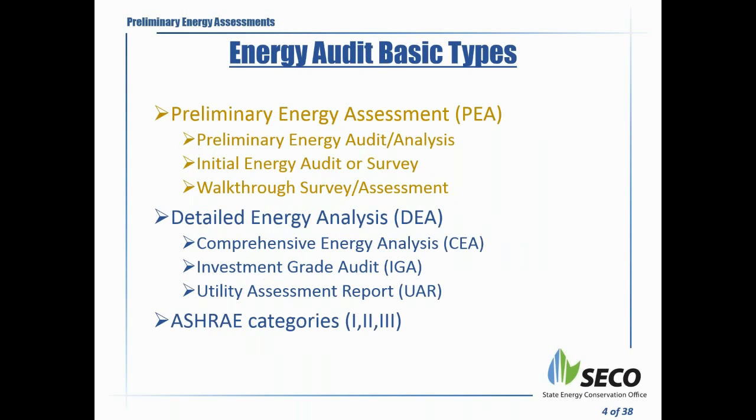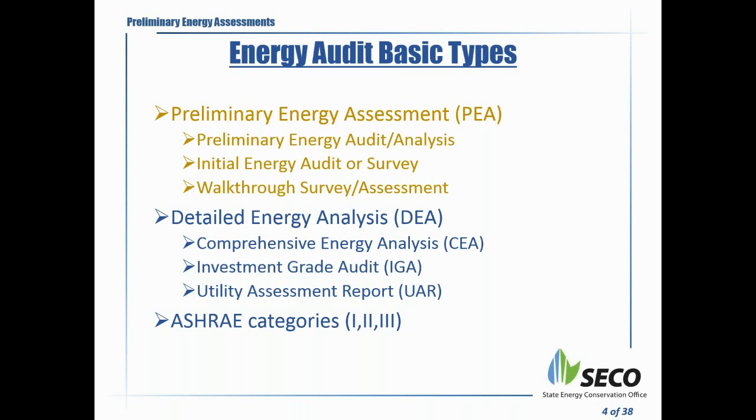This other question has been posed a number of times, and there's some confusion on what are the different types of energy audits, or what are the basic types of energy audits. So we'll be spending a minute or 2 on this slide just to give you a quick overview of what the different types of energy audits are, and what are the major differences between them.